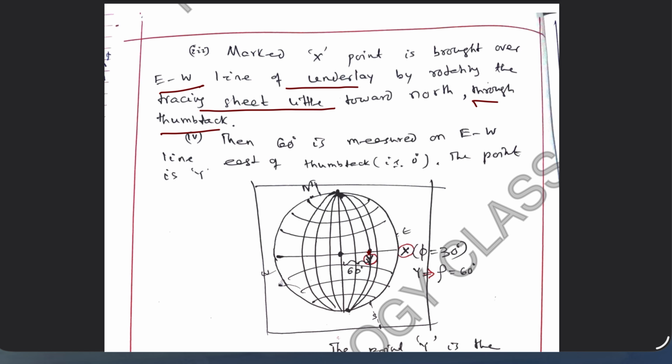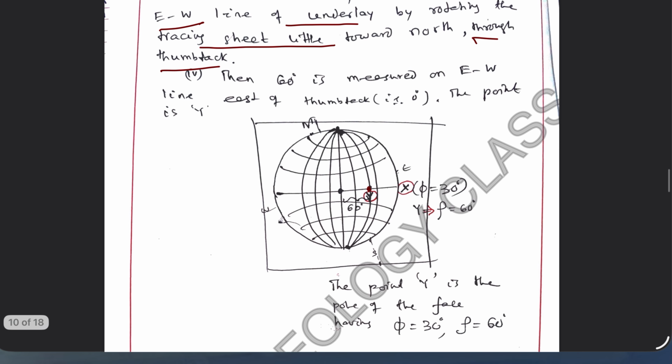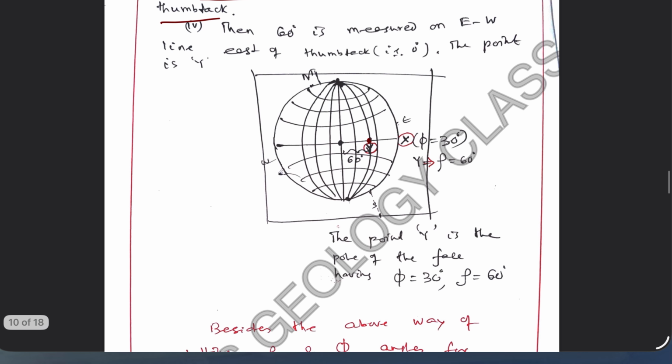Here we measure 60. So this point is the pole having phi 30 and rho 60. The point Y is the pole of the face having phi 30, rho 60.